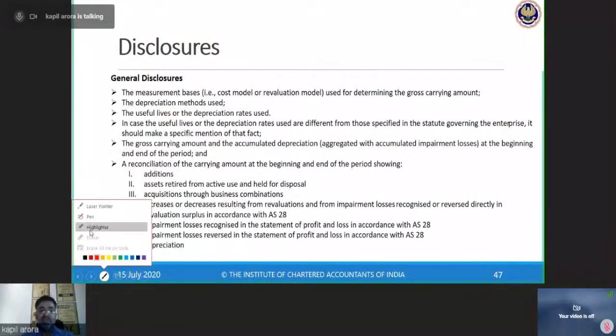So if I talk about disclosures, what disclosures does it talk about? What we need to disclose? We need to disclose everything, whatever we have discussed in property, plant and equipment. We need to give a separate note, right, for fixed assets, which talks about the reconciliation of all the types of property, plant and equipment.